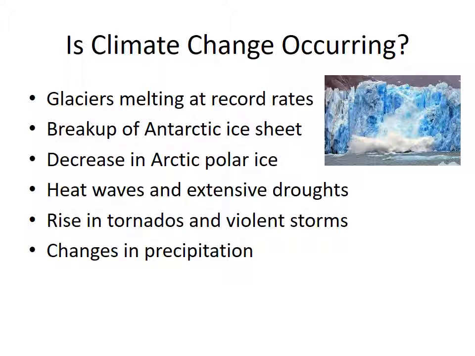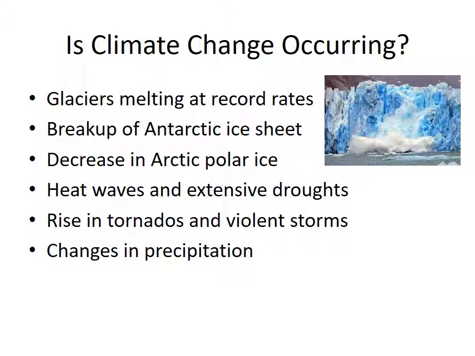So the question is, is climate change occurring? Well, glaciers are melting at record rates. The Antarctic ice sheet is breaking up on a regular basis, and last year we had a glacier break off that was the size of the state of Delaware. Delaware's tiny, but a glacier the size of Delaware is not.